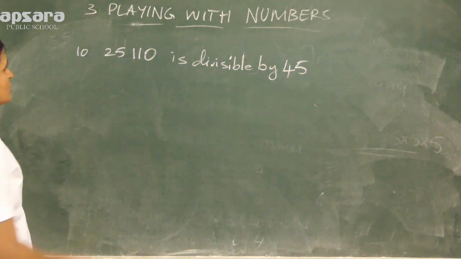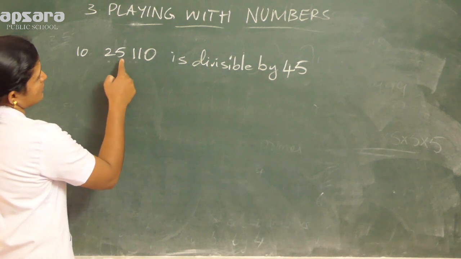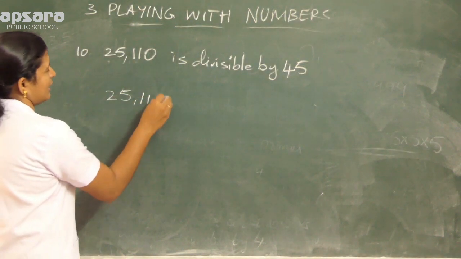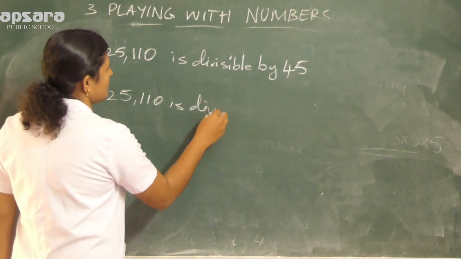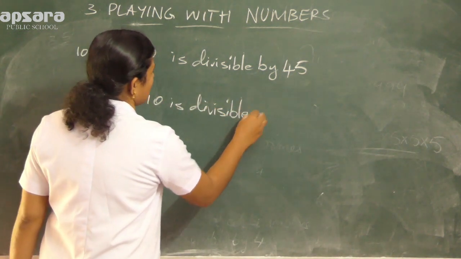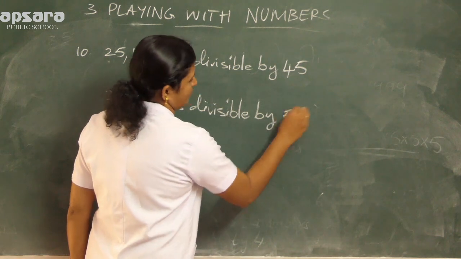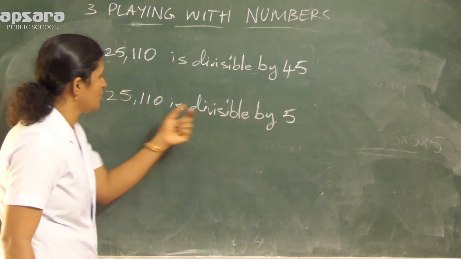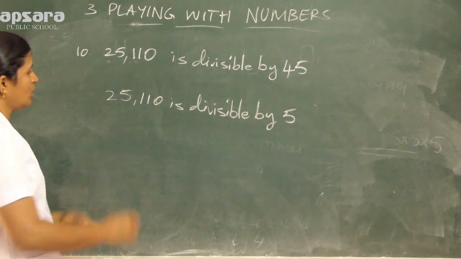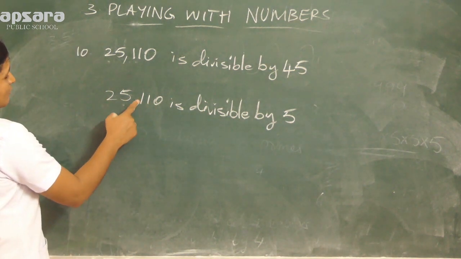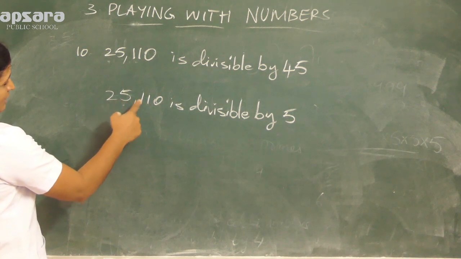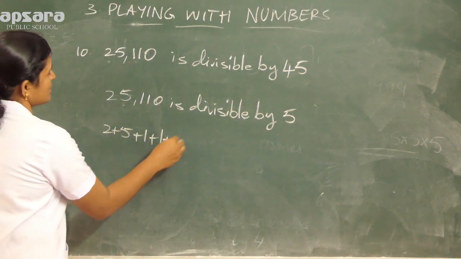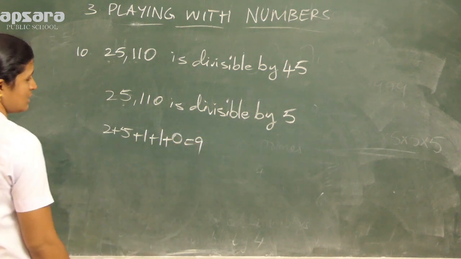First we'll check this. 25,110 is divisible by 5 because the ones place is 0. Now add the digits: 2 plus 5 plus 1 plus 1 plus 0 is 9, right?